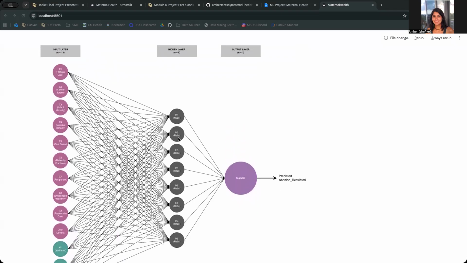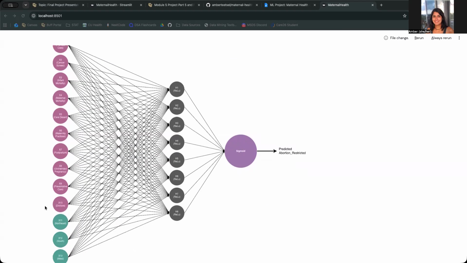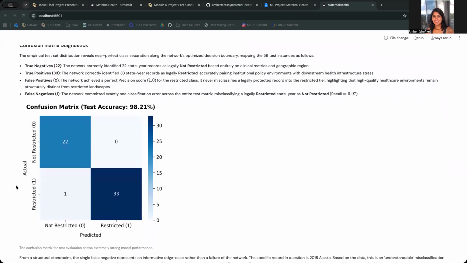It used 8 hidden ReLU nodes to then feed into an output sigmoid node that gave a probability of a state, or rather an individual record, coming from a restricted state or an unrestricted state. And this model's performance was an astounding 98.21% accuracy on unseen data, showing that the boundary between these two legal realities is vast and distinct.